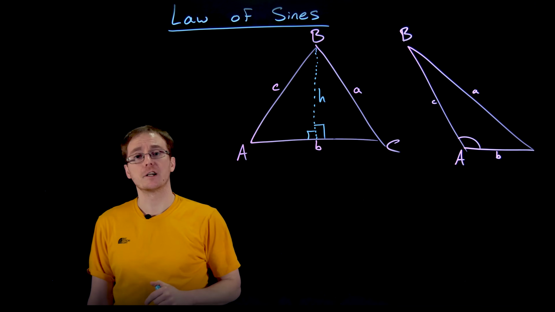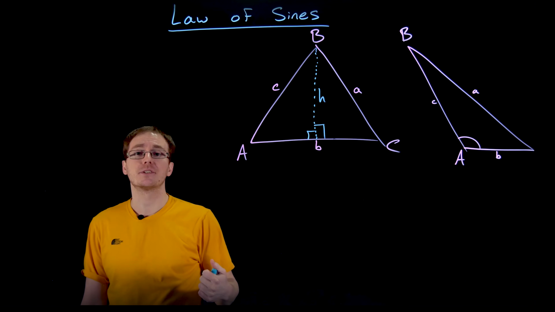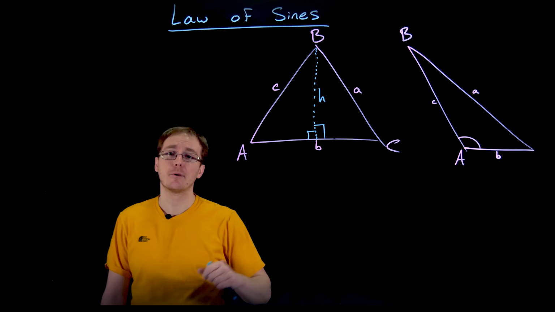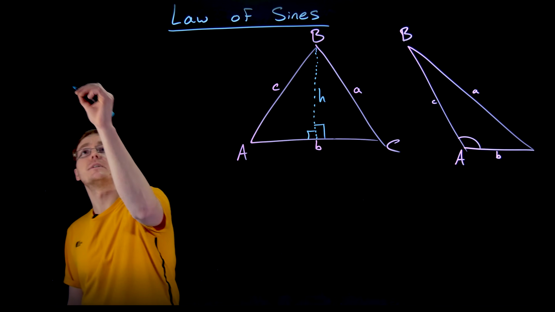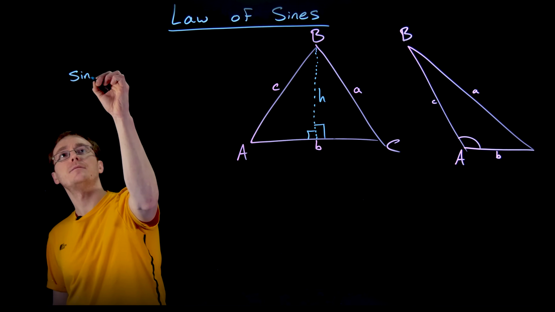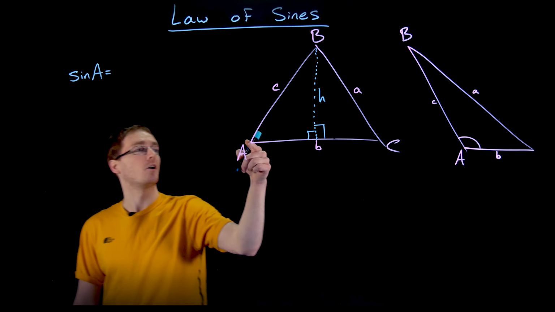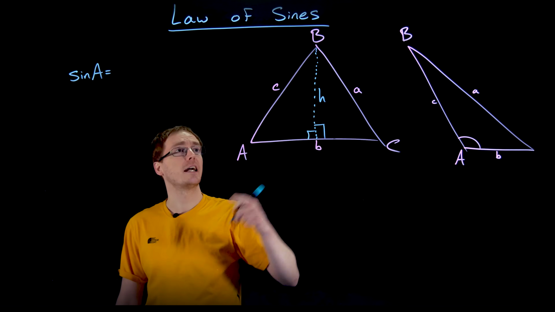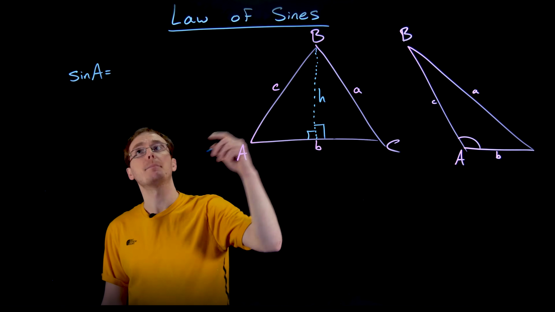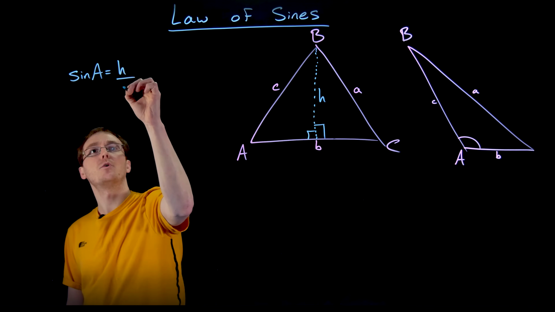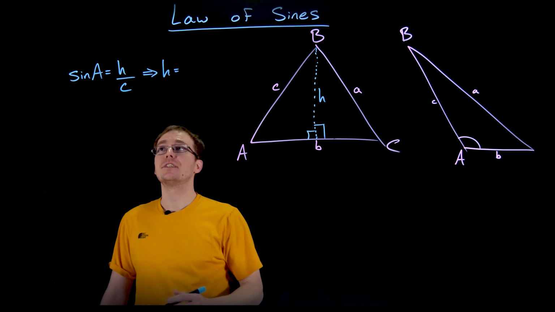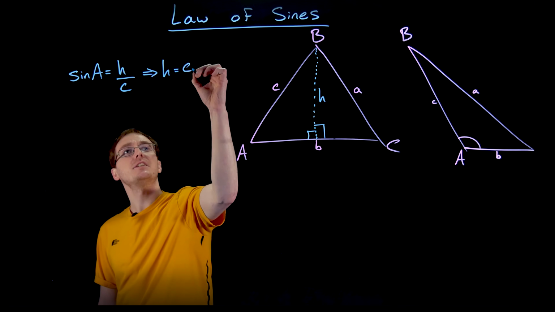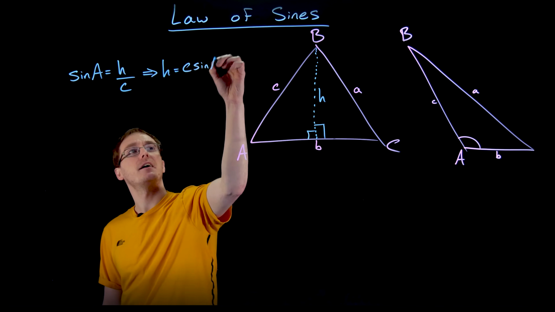One of our trig functions relates an angle to the opposite side length and the hypotenuse, and that's our sine function. So if we take the sine of our angle A, using our right triangle here, sine of angle A is opposite over hypotenuse, or h over c. If we multiply both sides by c, we find that h is equal to c times sine of angle A.